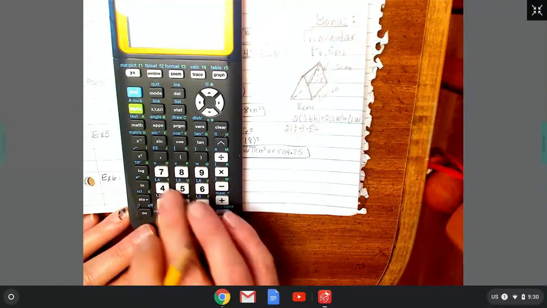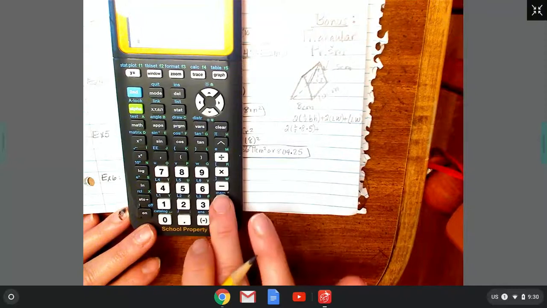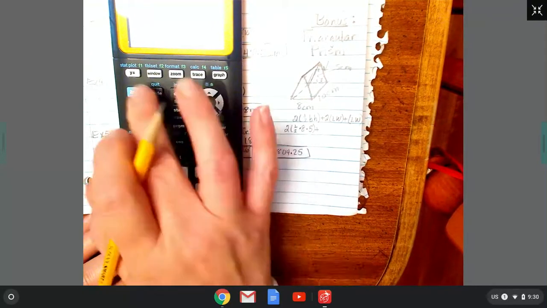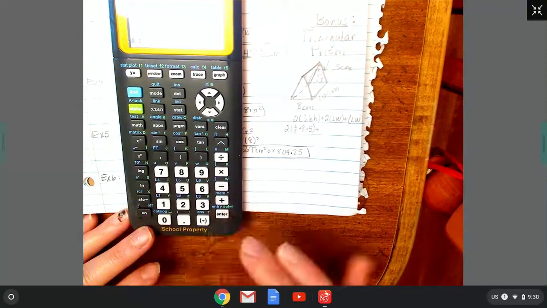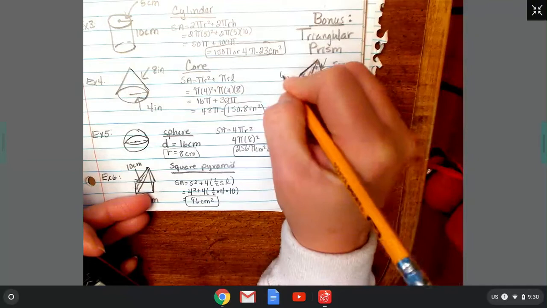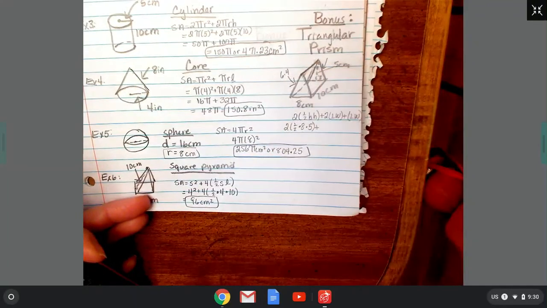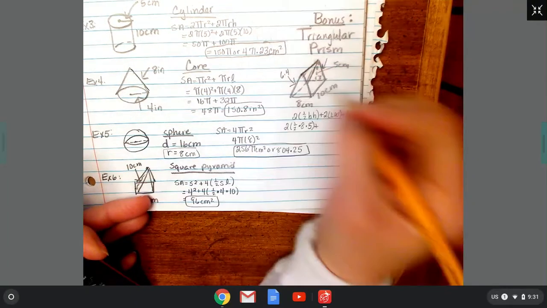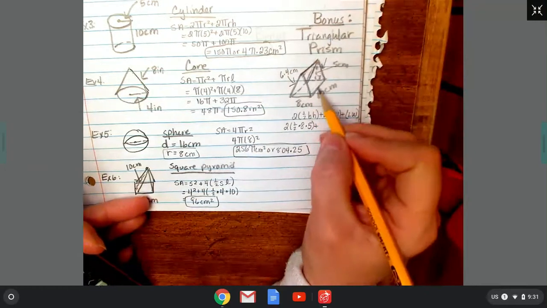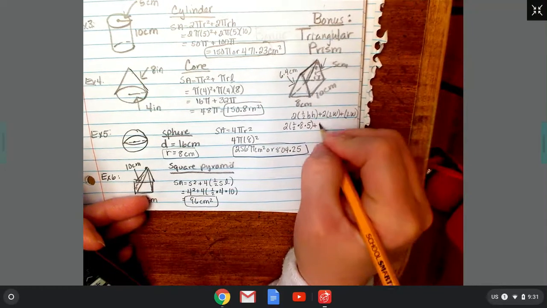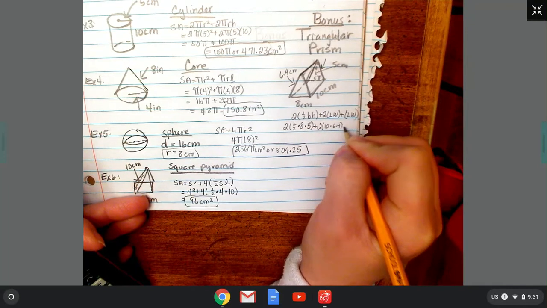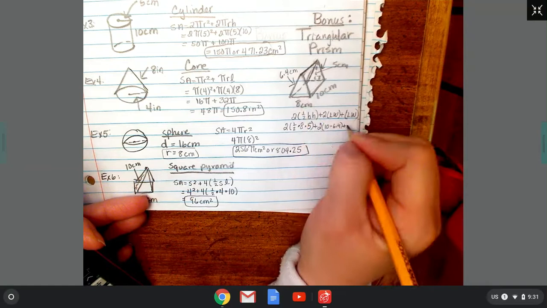Don't want to do something mathematically wrong just to make something up. Okay, so these sides are 6.4. Just did the Pythagorean theorem to get that, but that could be given to you. All right, so we have 10 times 6.4. There's 2 of those. Plus we had the bottom 8 times 10.